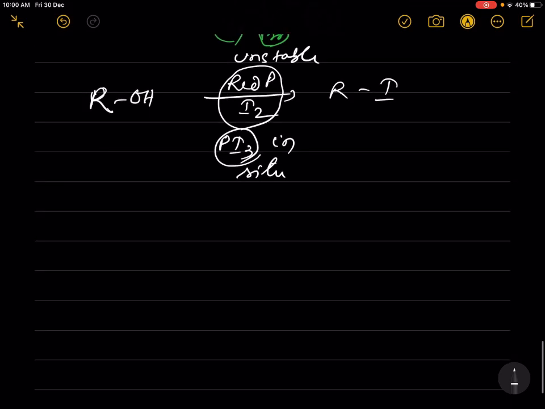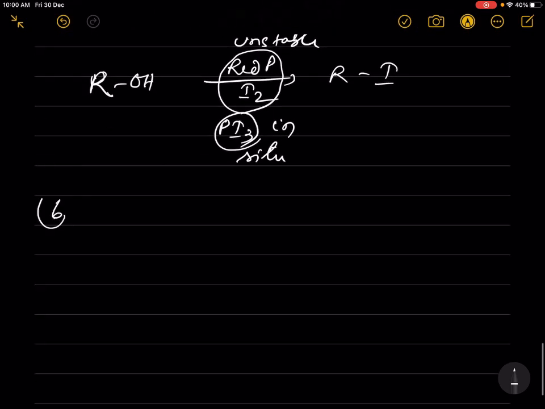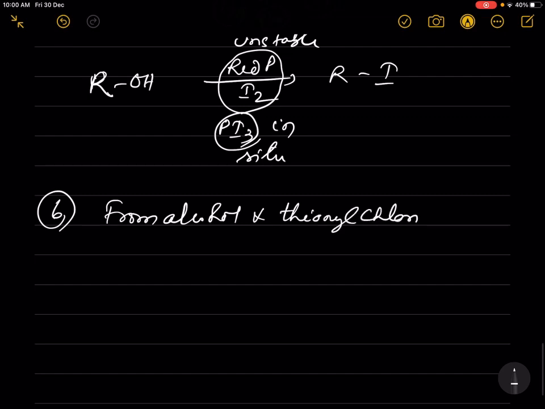Next, number 6, from alcohol and thionyl chloride. Thio means sulfur, thionyl chloride is SOCl2.